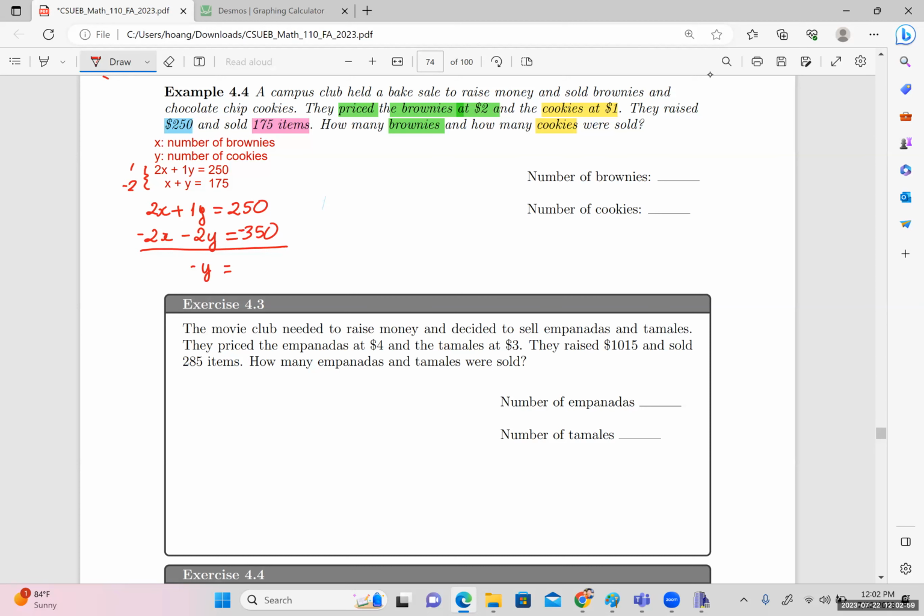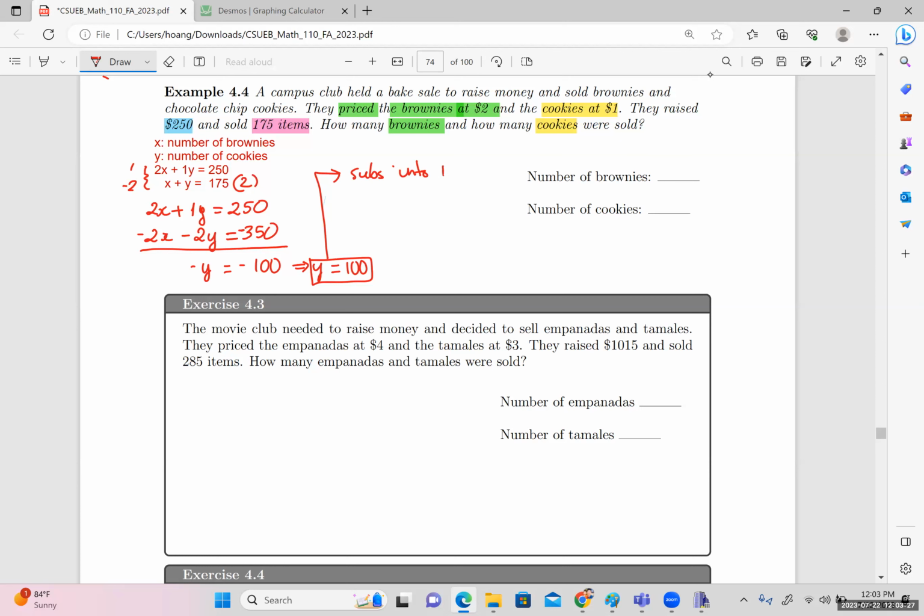negative y. This will be negative y minus negative 400. So you will have y equal to 100. Right? So you will substitute into maybe equation number 1 or maybe number 2, I think.